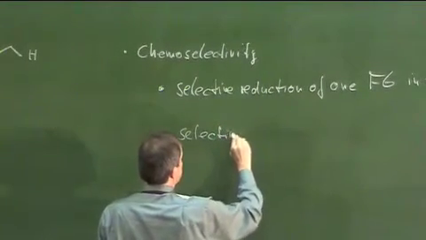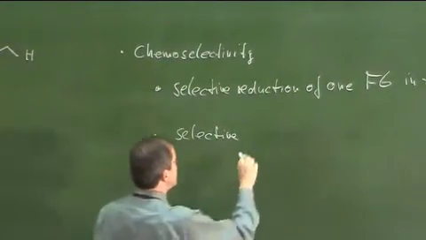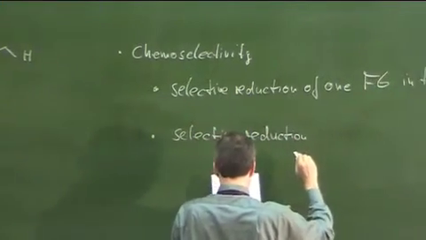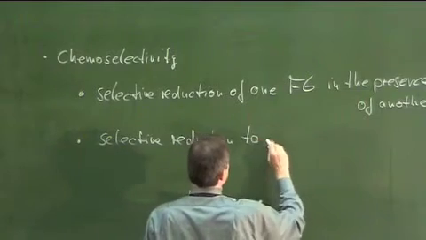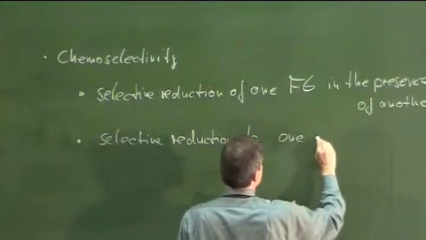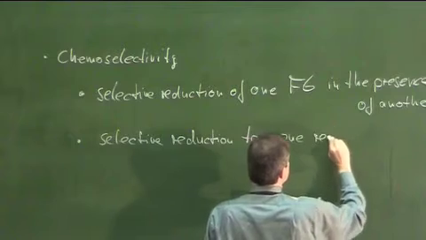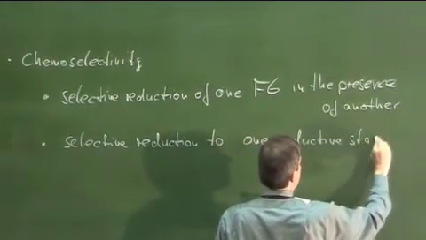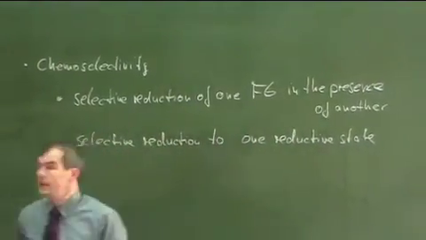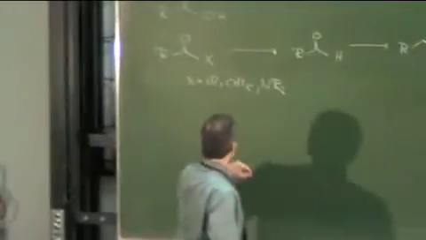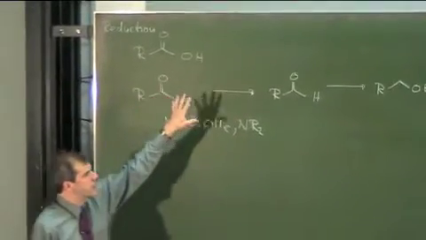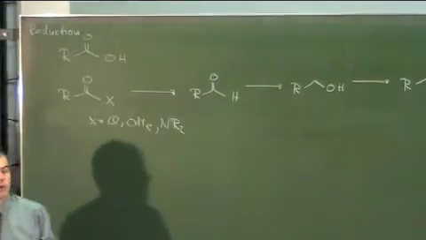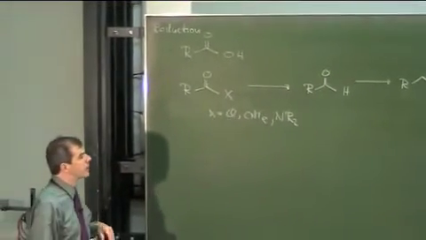And the other type of chemoselectivity you are interested in is that you achieve the selective reduction to one reductive state of the compound rather than the other. So for example, you are interested in reducing an ester to an aldehyde and not having it go down all the way to the alcohol, or the other way around.